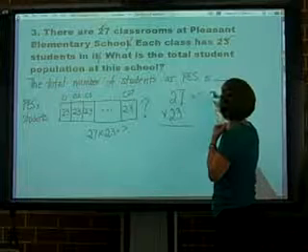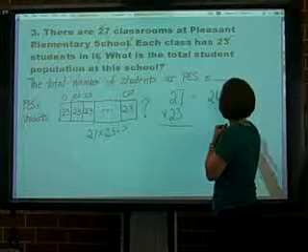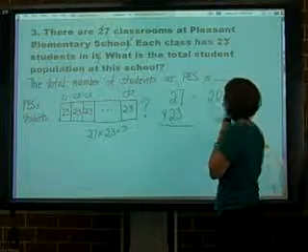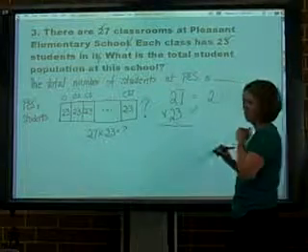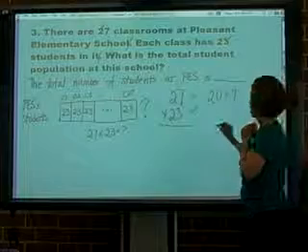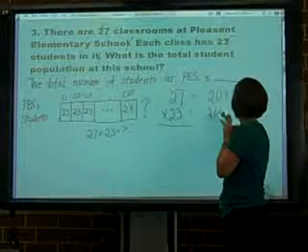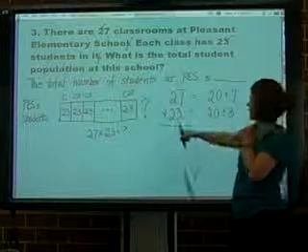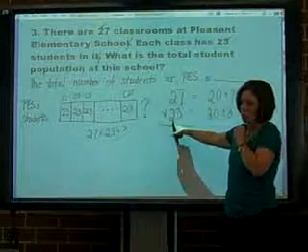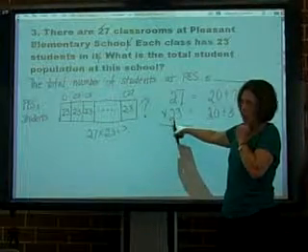That 27 is really equal to 20 plus 7. Is that correct? Yes. And if I wrote 23 in expanded form, what would it be? 20 plus 3. Because this is not really a 2, but what place is it in? Tens.